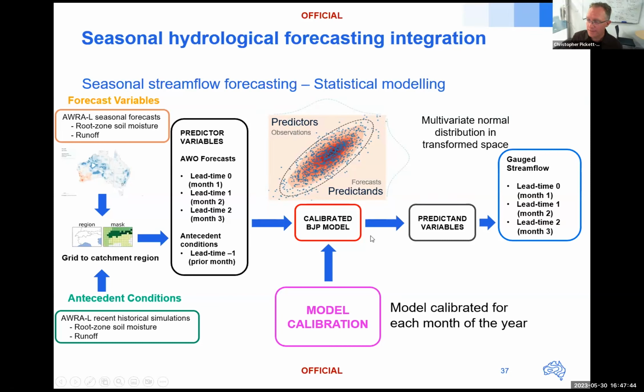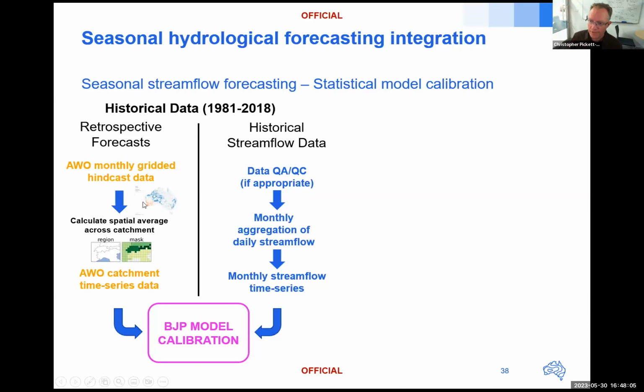So to calibrate these models, what do we need? We need the retrospective forecasts. We call them retrospective forecasts or hindcasts, so in the past, from our gridded model, AWRA-L. And we do post-processing for various catchments across the country, represented by the gauge locations, as well as historical streamflow at the same locations.